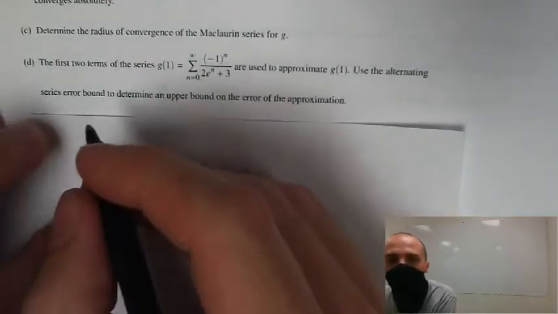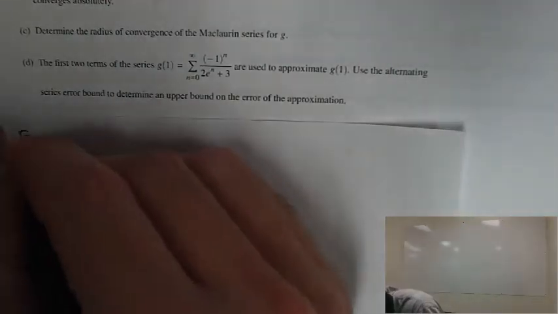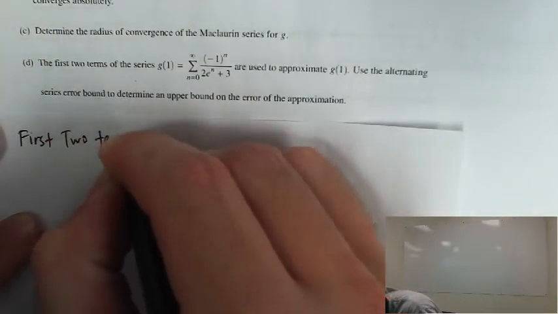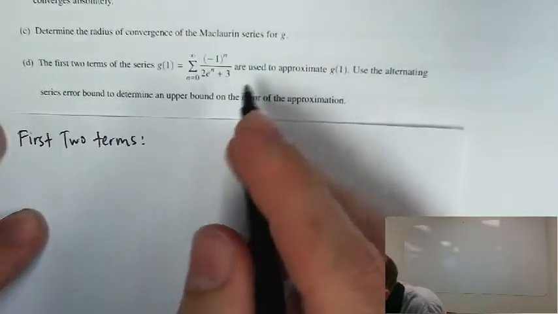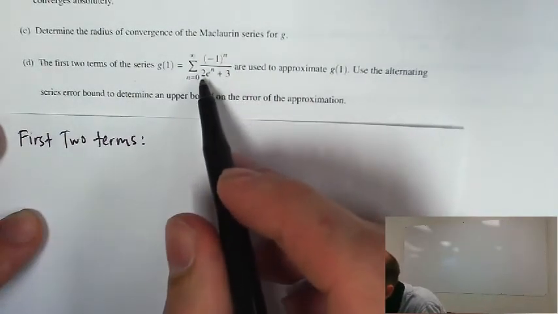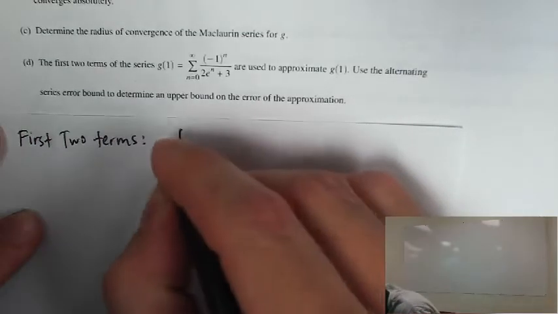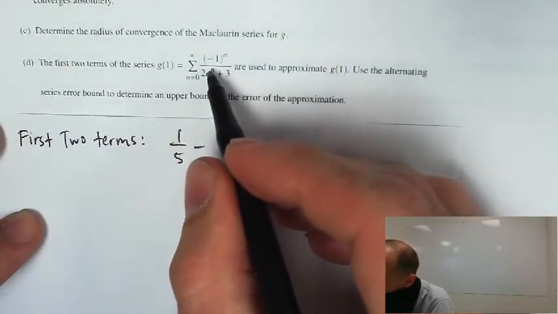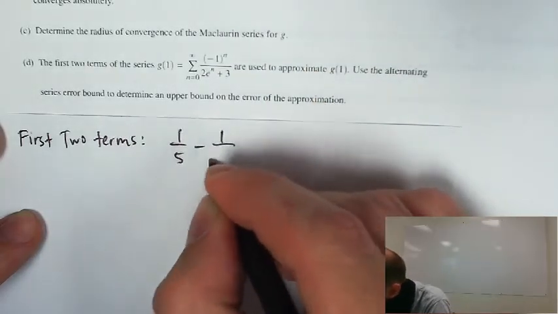What we're going to do is say the first two terms are n equals 0 and n equals 1. So n equals 0 is 1 over 2 plus 3, which is 5, minus n equals 1, negative 1 over 2e plus 3.